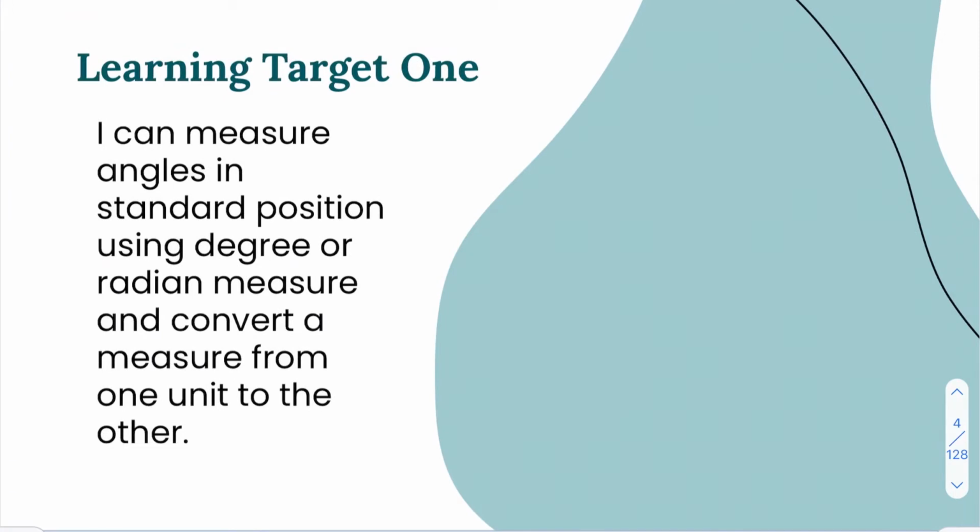So the first learning target we're going to do in this unit is I can measure angles in standard position using degree or radian measure and then also convert a measure from one unit to the other. So we'll learn that at the end because we don't want to rely on that. You're learning something new today, radians. It's a pretty complex unit, not the unit of study, but the unit of measurement is pretty complex.